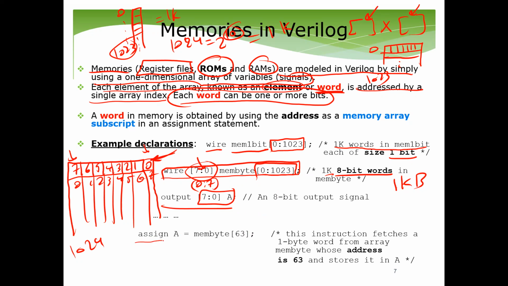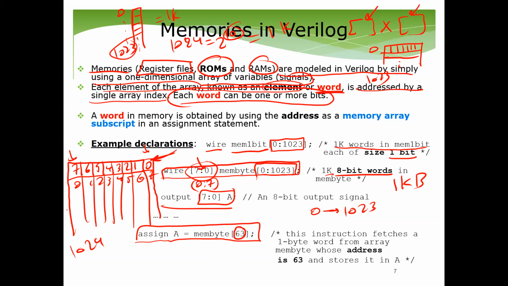For example, if you assign A to membyte of 63, of course membyte can go from 0 to 1023. What this line will do, it will use this 63 as the address.